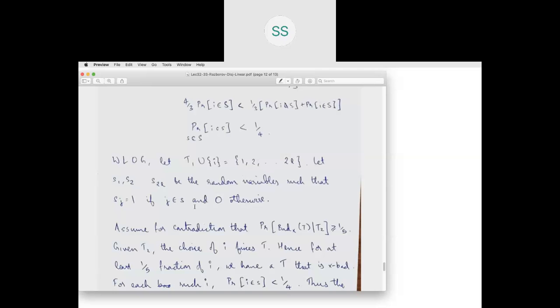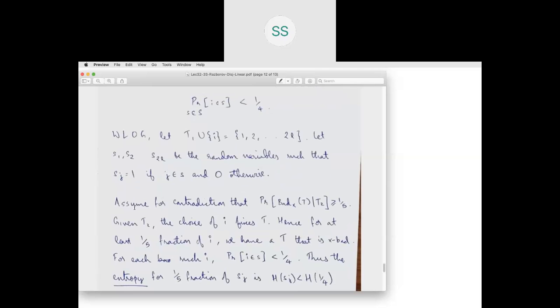So how many Sj's are equal to 1? Exactly L of the Sj's will be equal to 1 because the size of small s is L, and exactly L of the Sj's will be equal to 0. That means the Sj's are not really independent, because if S1, S2, up to SL are all ones, then everything else must be zeros, since we can only have L of them as 1.